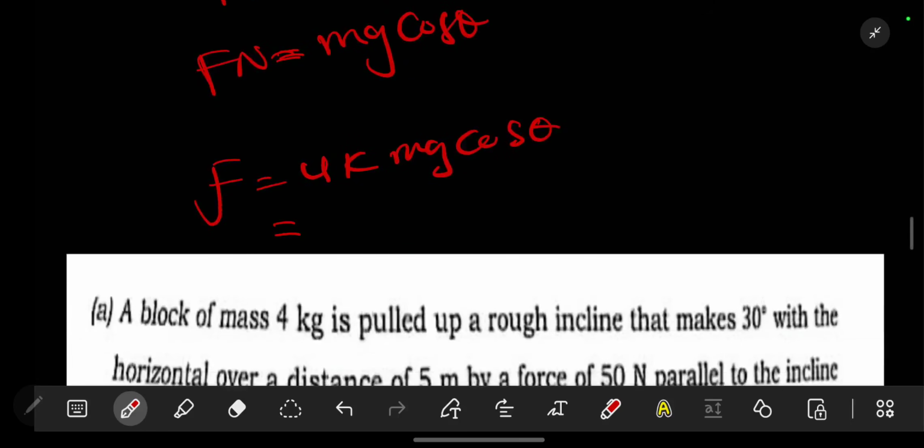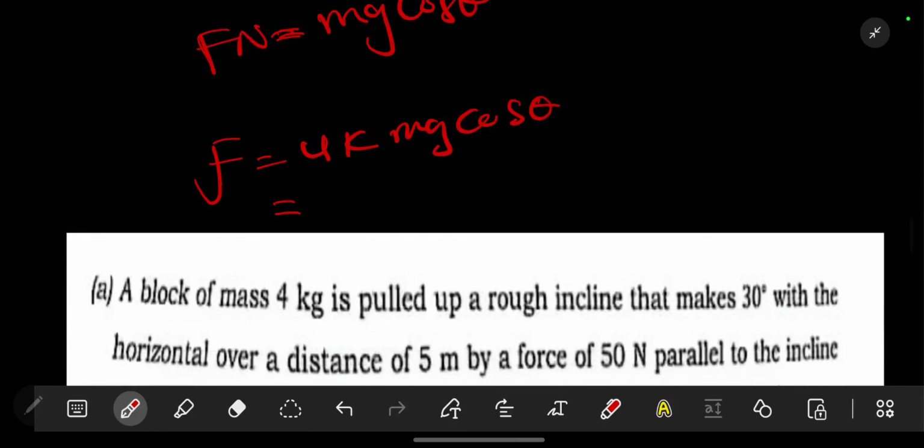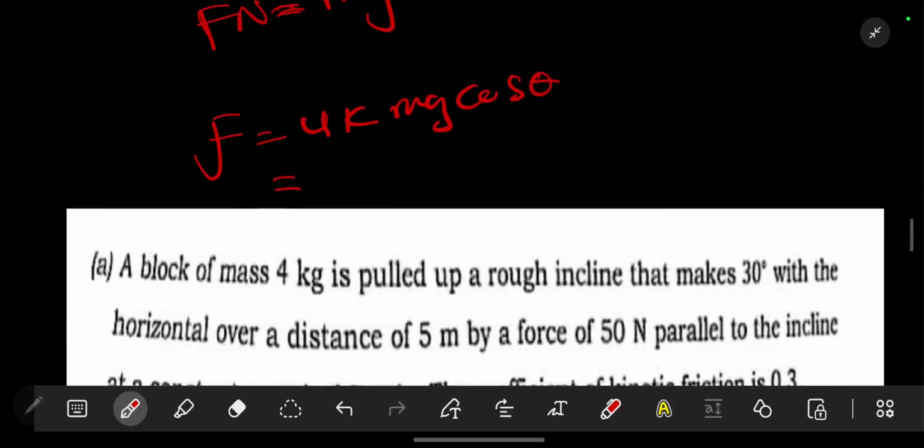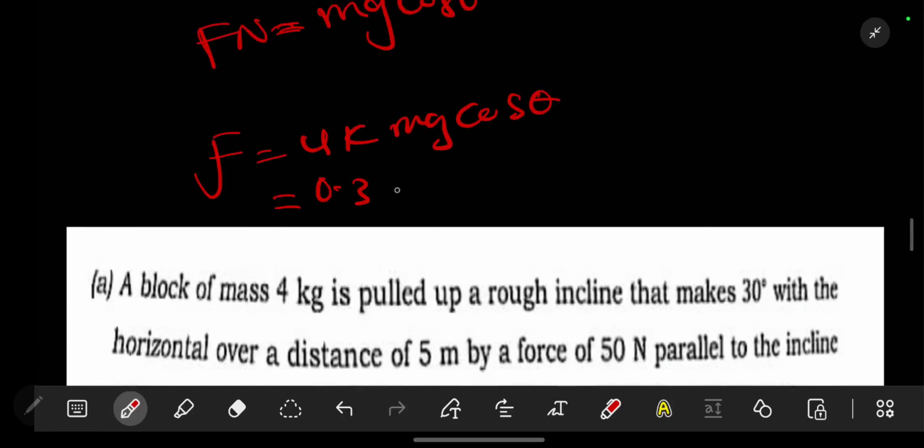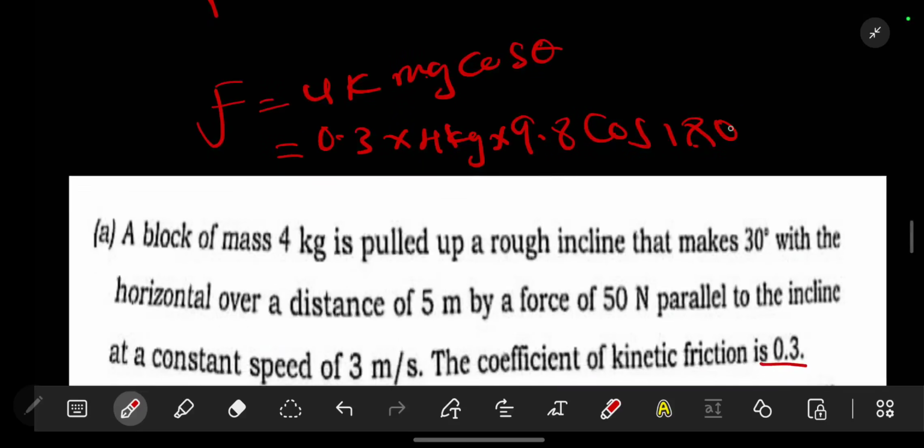According to this question, mu k is 0.3, so we have 0.3 times the 4 kg times the gravity, which is 9.8, times the cosine of, oh sorry, not 180.